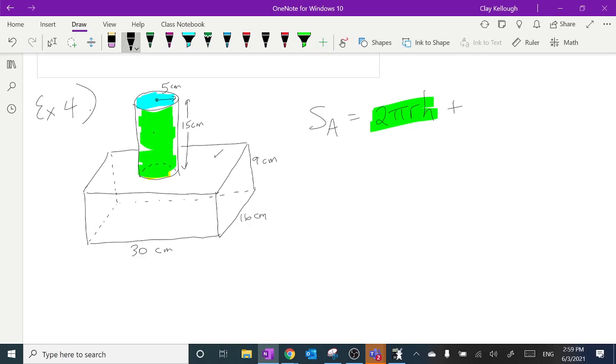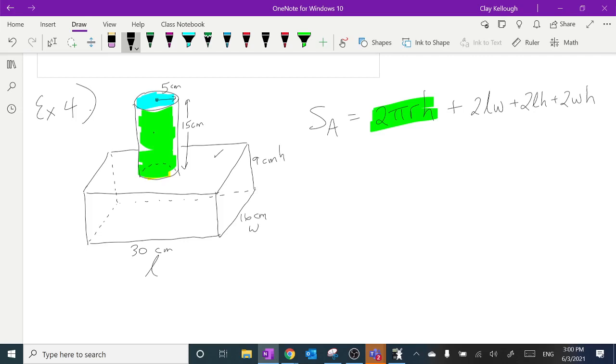the rest of the surface, which is the surface area of a rectangular prism, which is 2 length times width plus 2 length times height plus 2 width times height, or whatever. I don't really care how you give me that formula, as long as you understand that you have 3 different rectangles and you have 2 of each of them. For the sake of consistency, I'll call that one length, I'll call that one width, and I'll call that one height.